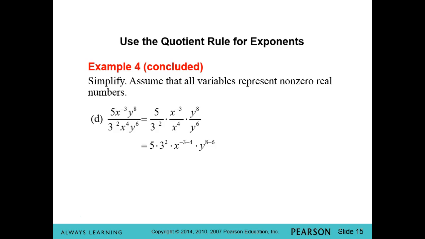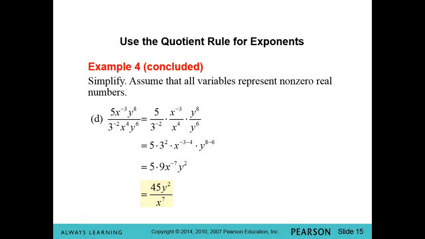And that would give you 5 times 9, x to the minus 7, y to the positive 2, and then to not have a negative exponent, we send the x to the minus 7 downstairs to make it x to the 7th. 5 times 9 is 45, and leave the y squared upstairs. There's the answer. I hope that's what we got, wasn't it? I believe so. Okay.